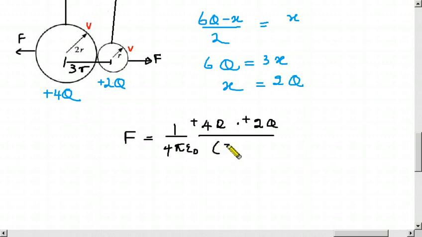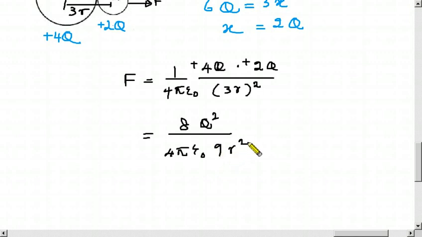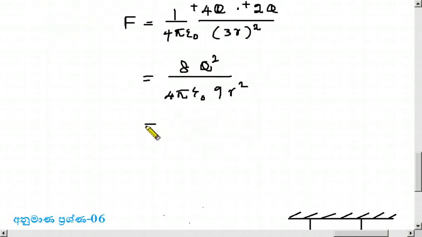So brackets 3r squared, remember. Then 4 times 2, 8 q squared divided by 4 pi epsilon naught 9 r squared, 36. So we can simplify.